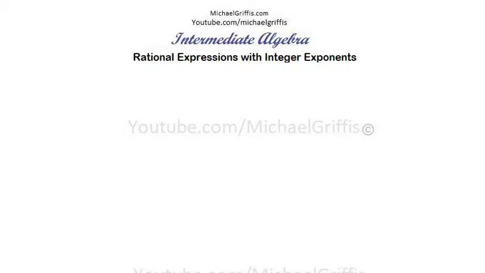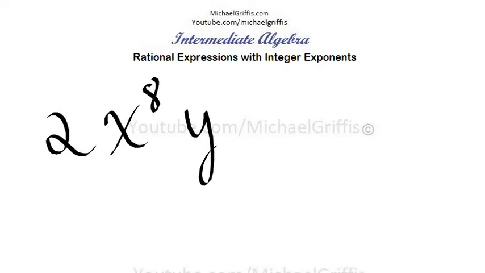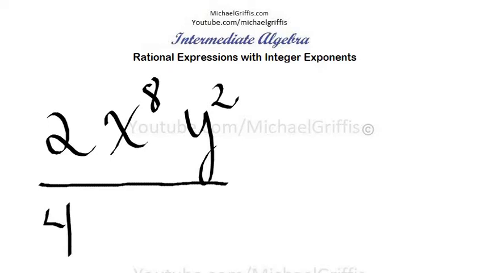Let's say that we have 2 times x to the 8th y squared over 4. Oh, I just remembered something I didn't do.